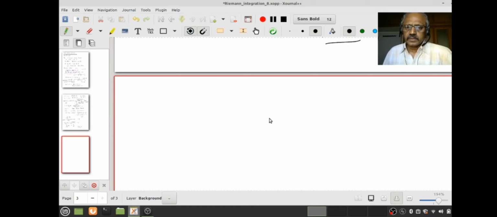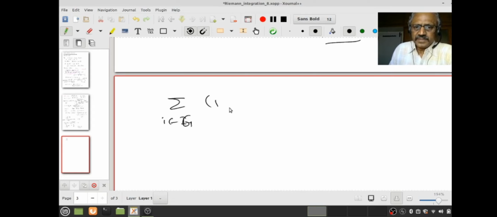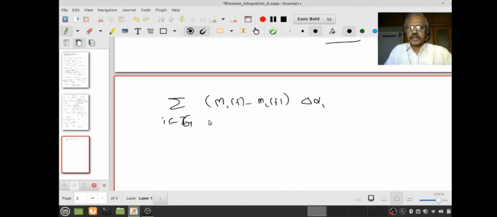Now let's try to estimate the one on the good indices. The summation of capital Mi of f minus small mi of f into delta alpha I. See, I am looking at this one now.